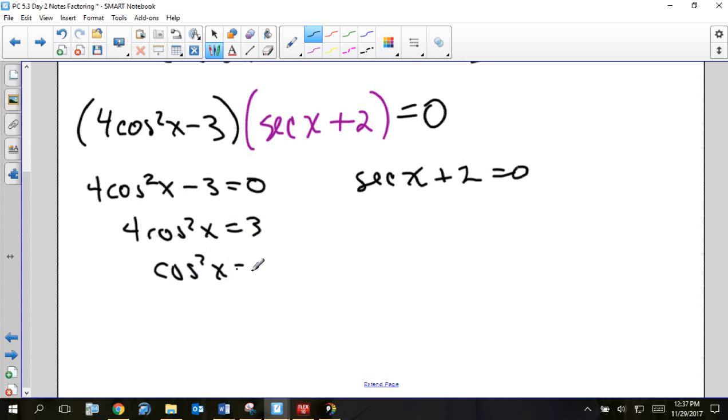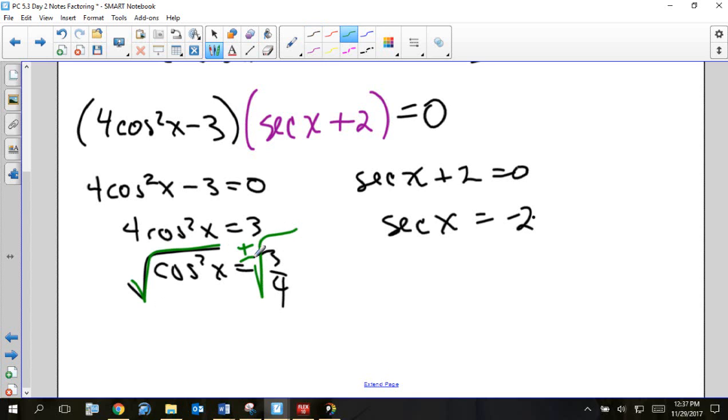Cosine squared x equals 3/4. Secant x equals -2. When we have a squared, we're going to square root, so that means plus minus. And I'm going to square root the 3 and square root the 4 separately, so I get square root of 3 over 2.